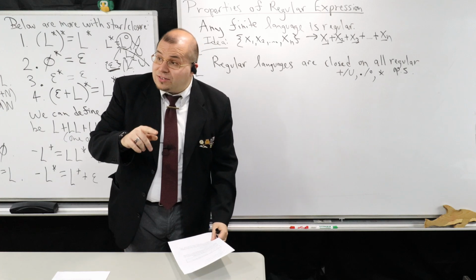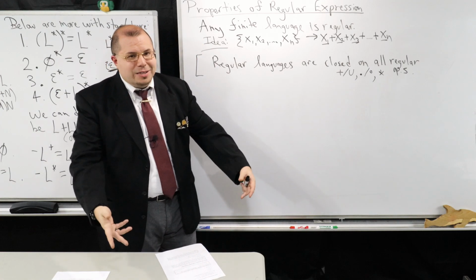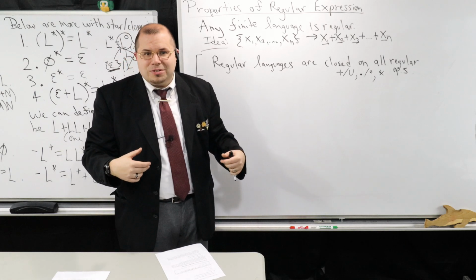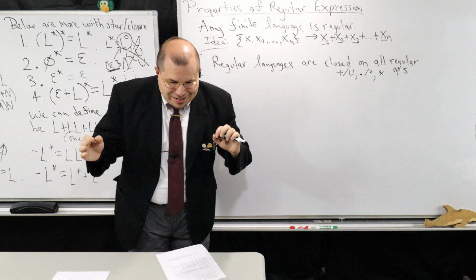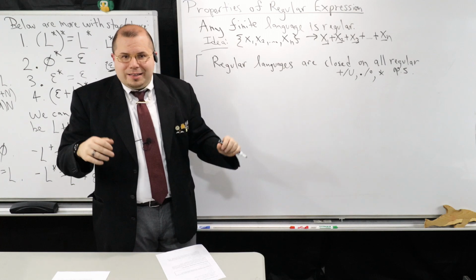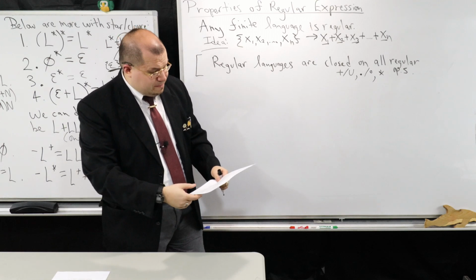But there are other ways of doing this. You can manually create DFAs, for example, to prove some of these properties. But as I'm going to mention, there are some clever ways of doing this using regular expressions and also epsilon NFA.